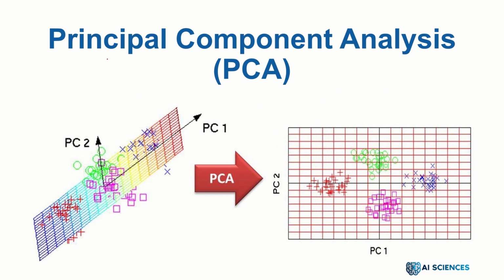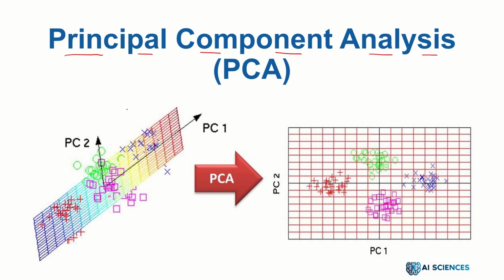Principal component analysis is a very famous and very powerful technique in feature extraction or dimensionality reduction, in a way that it has a lot of properties.